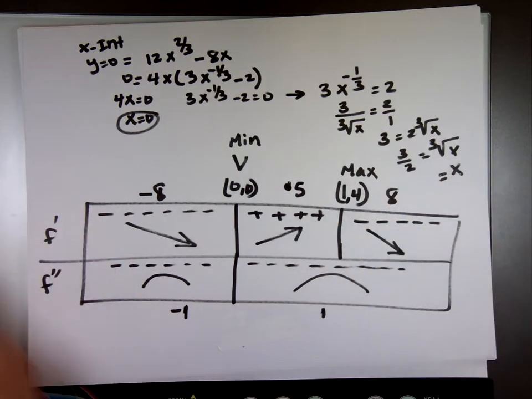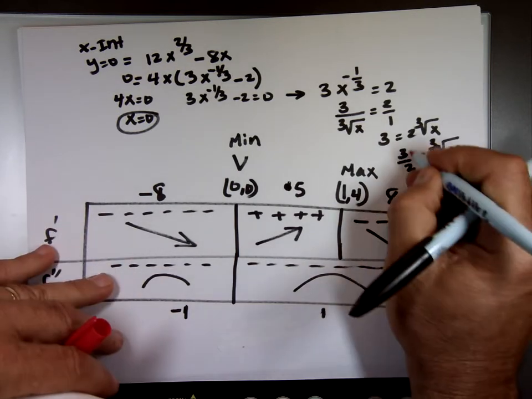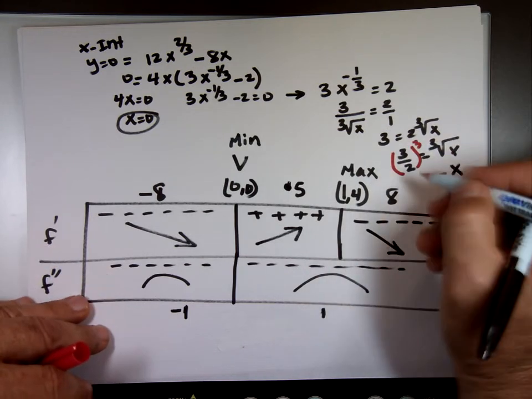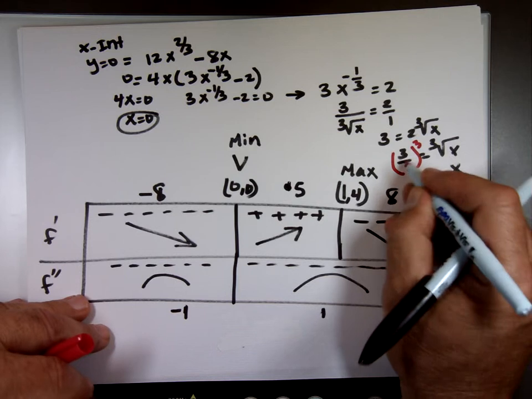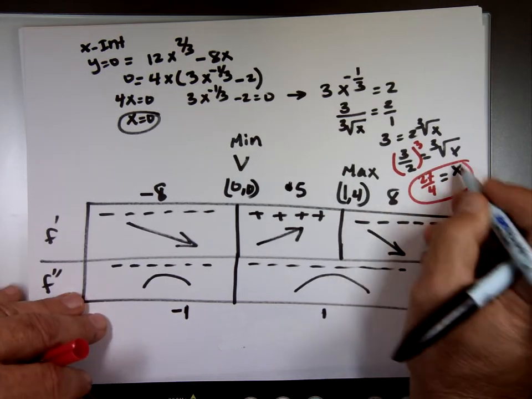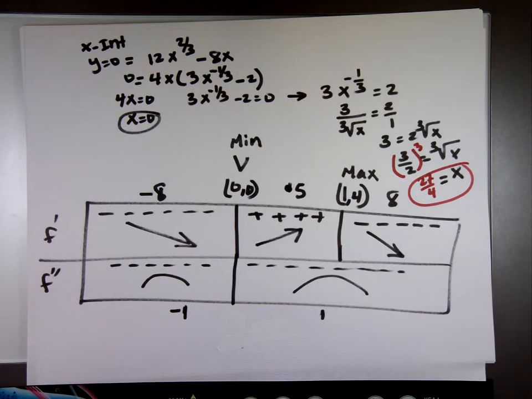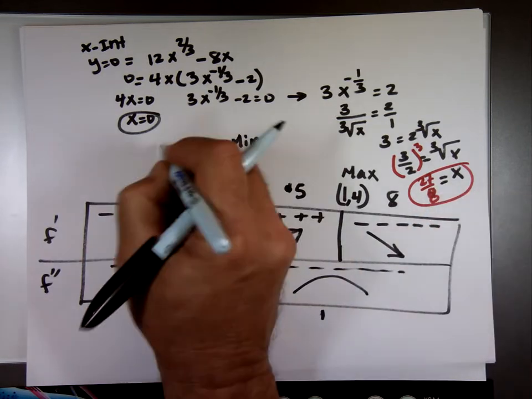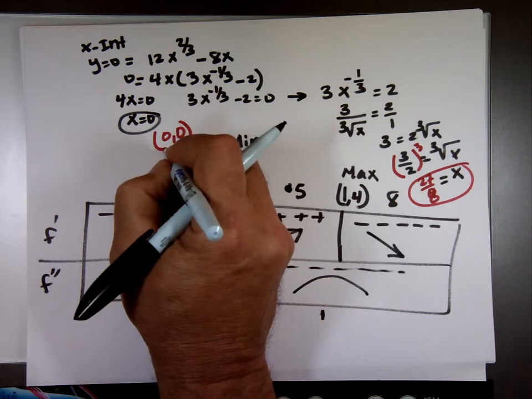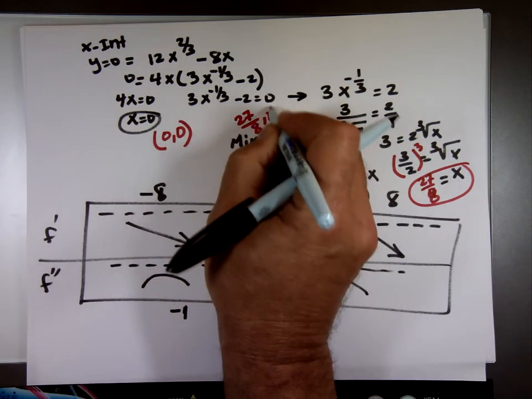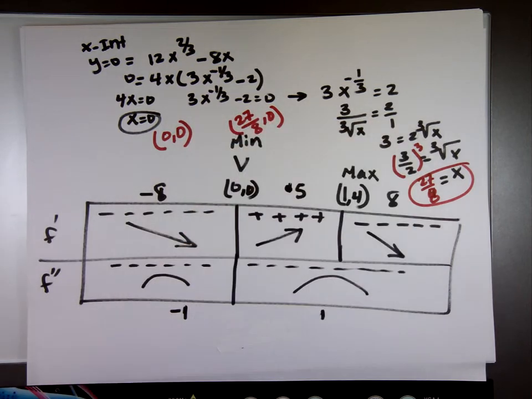How about 3? It's the 1/3 now. To make it a 1, you cube it. That will be 27 over 8, not 4; 2 cubed is 8, right? So it's (0, 0), that's one x-intercept, and (27/8, 0) is the other one. To get rid of the cube root, you cube both sides.